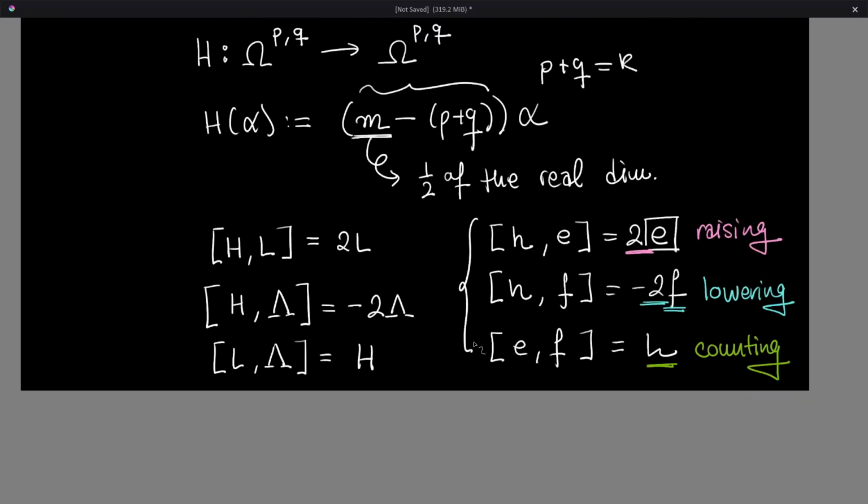So if we go back down, this is what we consider the structure. It's these three relations that lock in the multiplication structure of these three elements. And of course, for our case, E is L, the raising operator, F is Λ, the lowering operator, and H, pretty self-explanatory, is capital H, the counting operator.